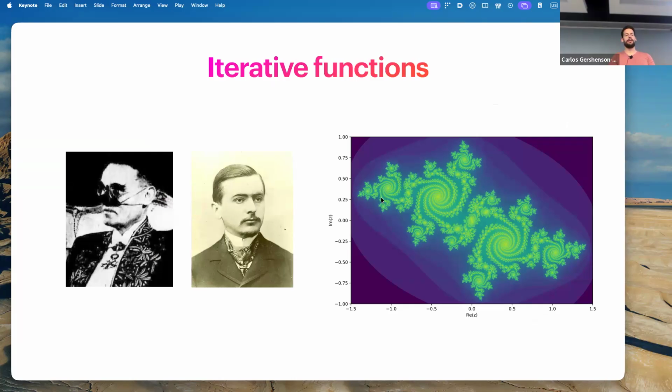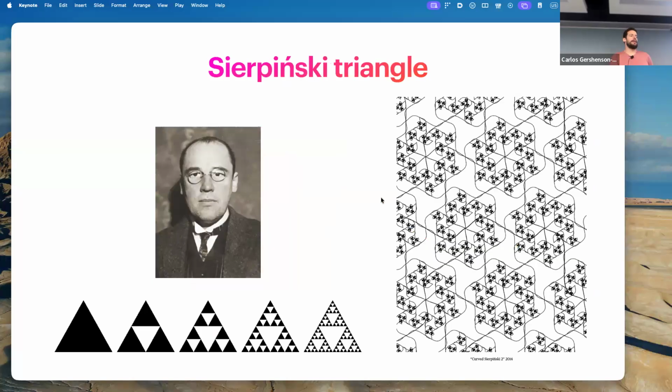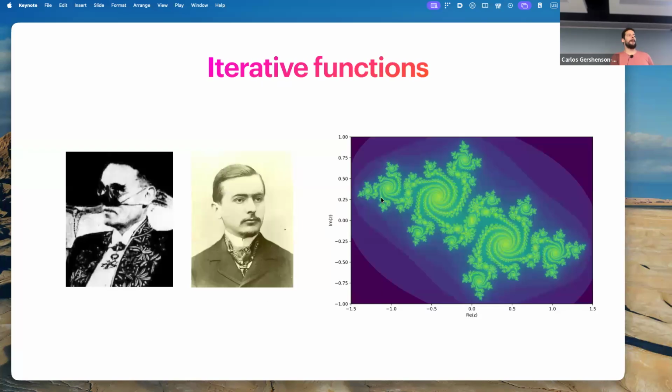And in those years, a bit later, in the early 1920s, French mathematicians were studying iterative functions, which is very similar to these processes, but just mathematically on the complex plane. So these are Julia sets, and their complement is called the Fatou set.